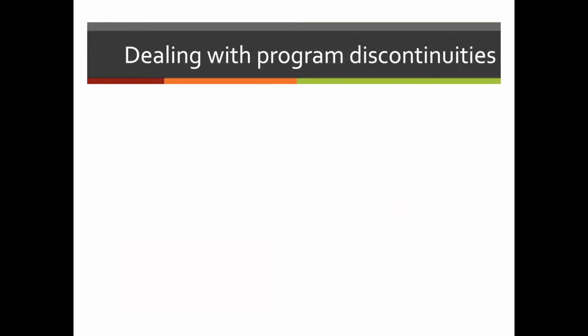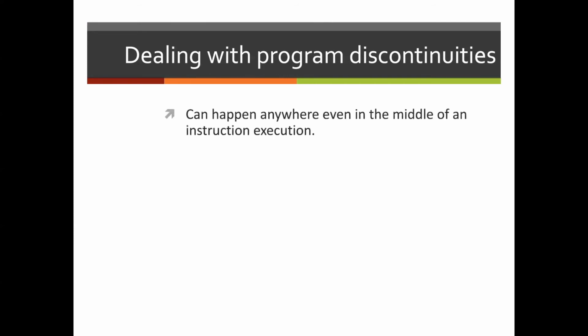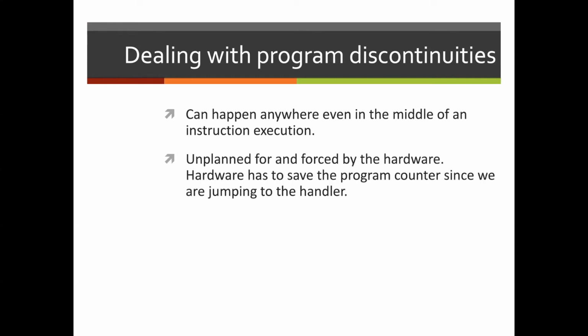Some things you want to keep in mind when dealing with program discontinuities is that, of course, they can happen at any time or any place during program or instruction execution. They can be unplanned for and forced by the hardware.